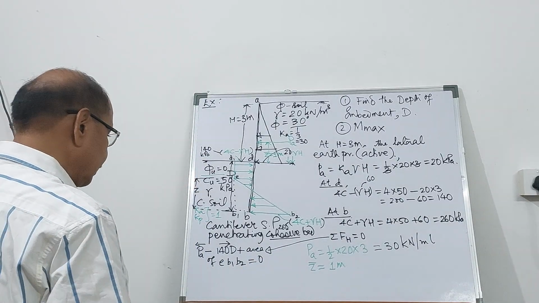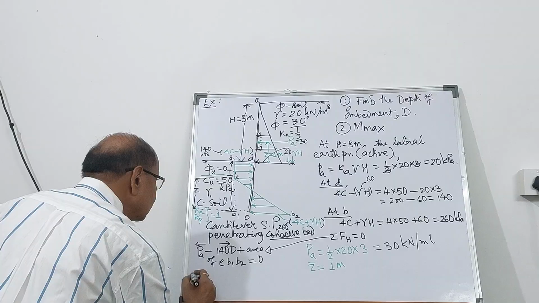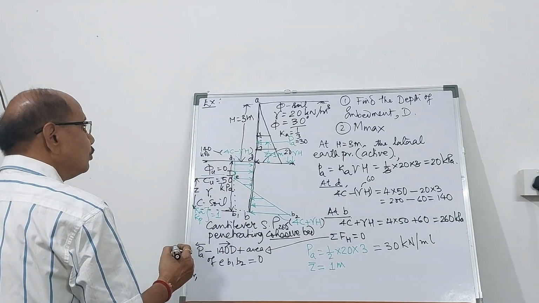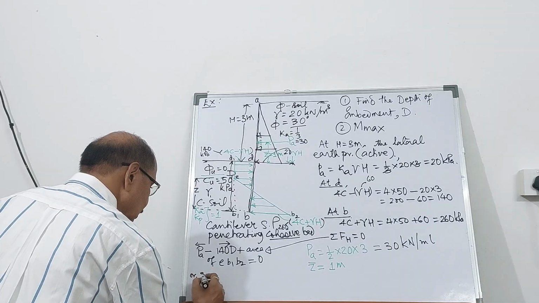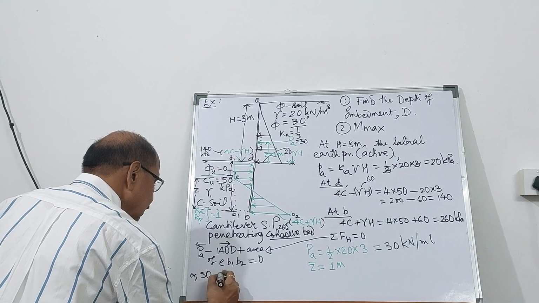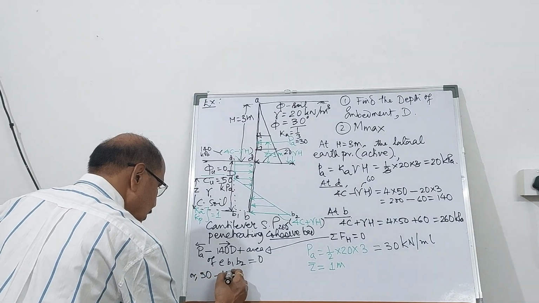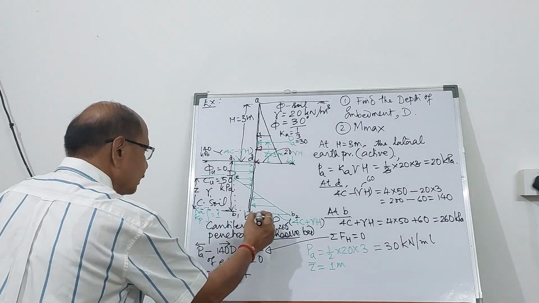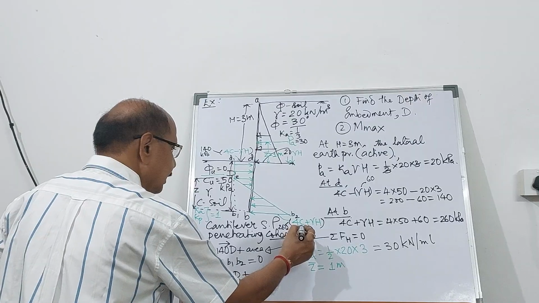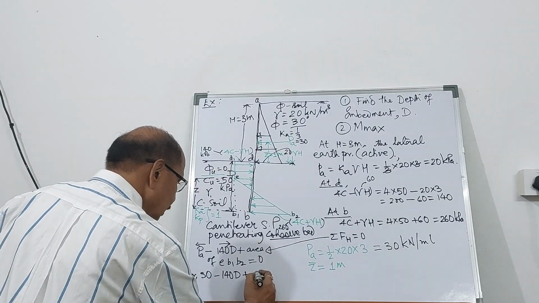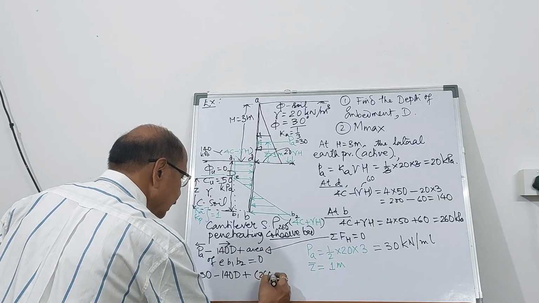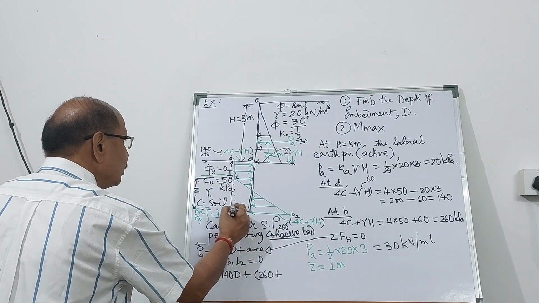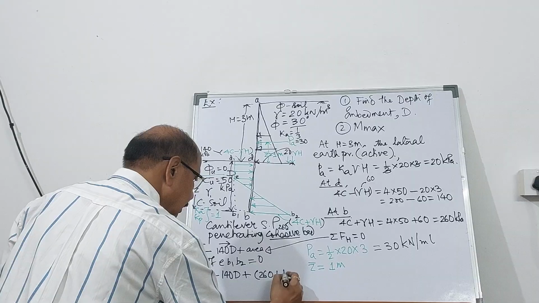So sigma Fs equal to 0, or the magnitude of PA is already known to me. So 30 minus 140D plus the area here is going to be 260, this plus this is going to be 140.